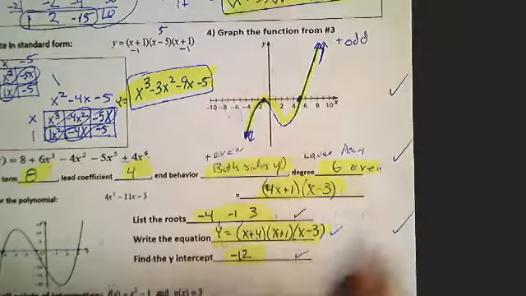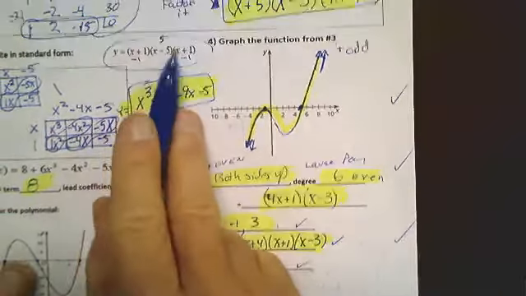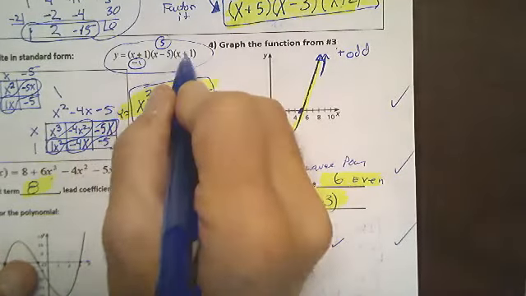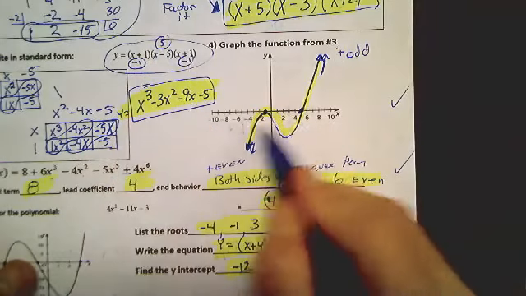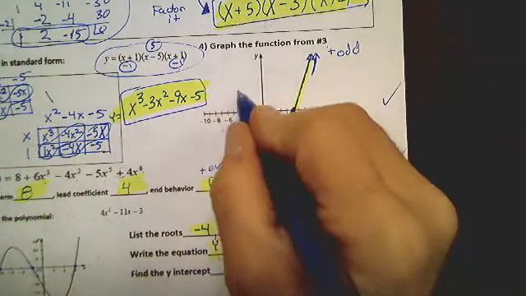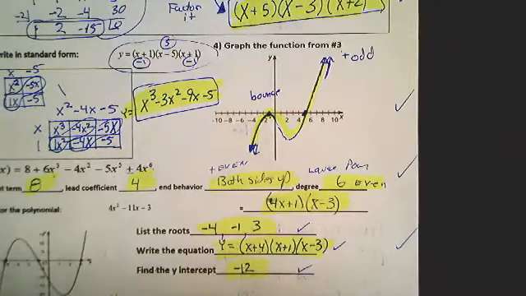Here it is. Graph it. Factors. Roots. I take these things and I put them down. This is called a double. A double is a bounce. You know, like at Wendy's, when you ask for a double burger, you get 2 of them.